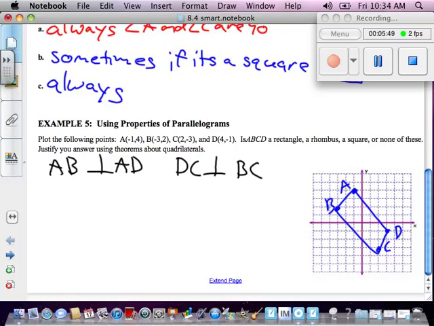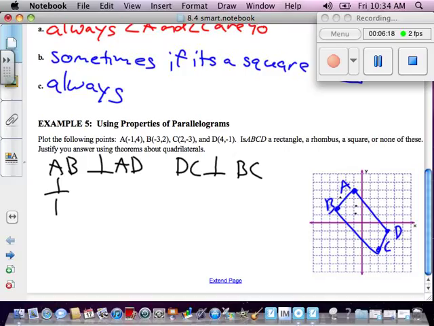The slope. I'm going to do the slope without putting in the slope. I'm just going to walk over here and figure out that I go up 1, 2, over 2. So B to A is 1 over 1: up 1, to the right 1. Okay, let's look at AD. From A I go down 1, 2, 3, 4, 5, over 1, 2, 3, 4.